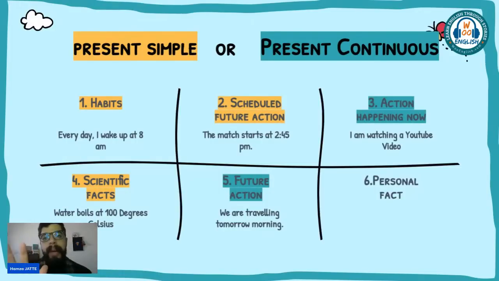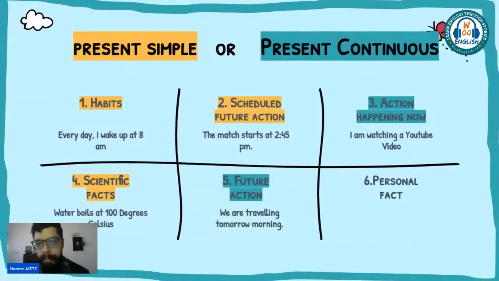So for number five, we use the present continuous because it's a general or personal plan. But for scheduled actions, I mean schedules of football matches, for example, or train departure or arrival, or flights, the landing and the taking off, for scheduled actions we use the present simple, right? I hope the difference between the two is clear for you.